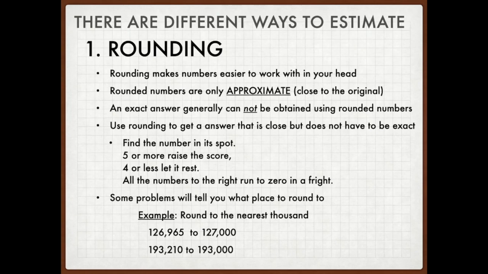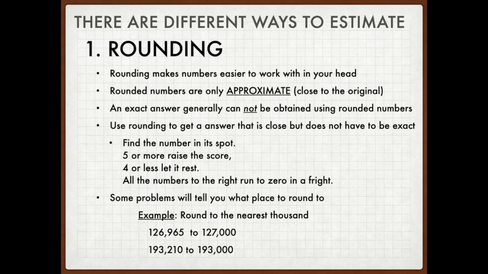Okay, we have 126,965. So we're going to underline the 6. That's the thousands place. I'm going to circle the 9. 9 is greater than 5, so I'm going to round it up, and that would turn to 127,000. Let's try the next example. 193,210.